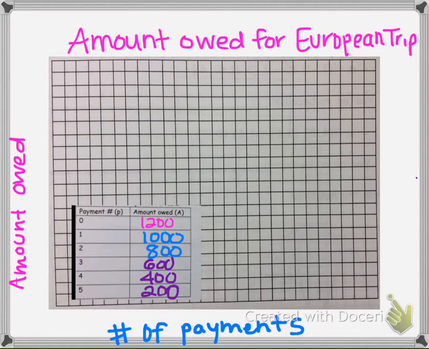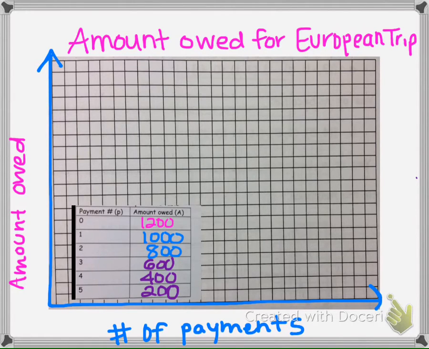Since payments are positive and the amount she owes are positive numbers, I know I'm going to use quadrant 1. So I'm going to use this quadrant right here.